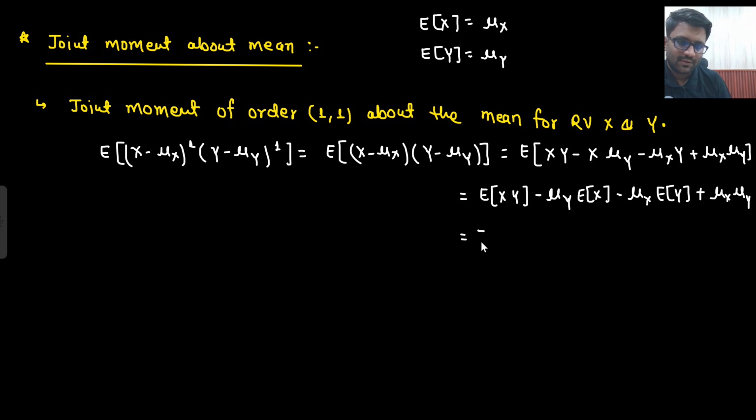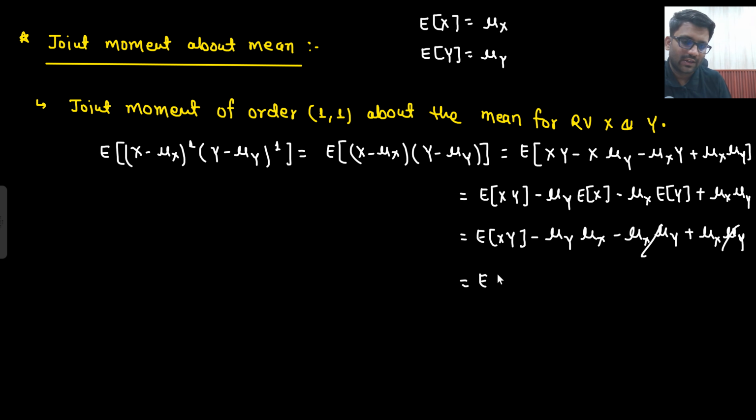So expectation of xy minus mu y times expectation of x, which is mu x, minus mu x times expectation of y, which is mu y, plus mu x mu y. This and this get cancelled. So you get expectation of xy minus mu x mu y, where mu y can be written as expectation of y and mu x as expectation of x.